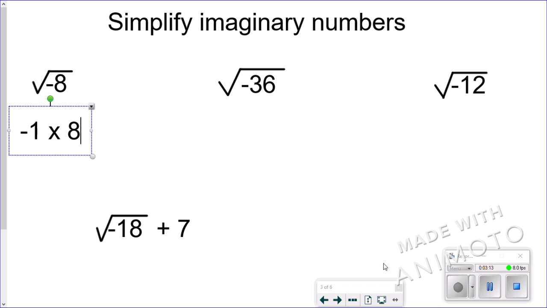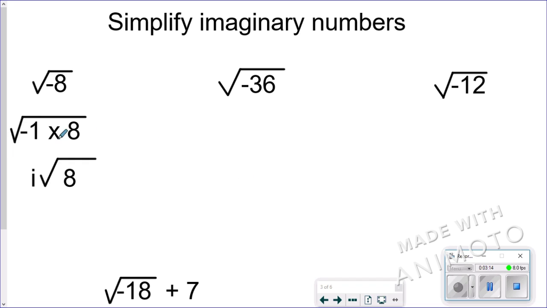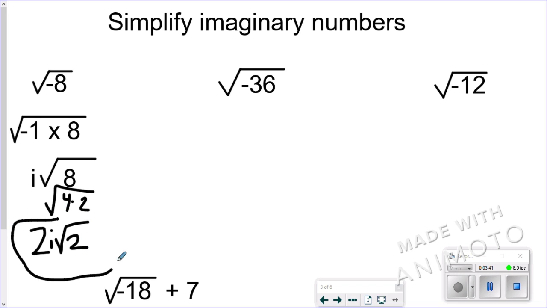The square root of -1 is i, so we remove the whole negative aspect and put the i out in front of the radical, and we have the square root of 8. But this square root of 8 can be simplified, because we can go to 4 times 2, and the square root of 4 is 2. So really we have 2i square root of 2 as the square root of -8 simplified.